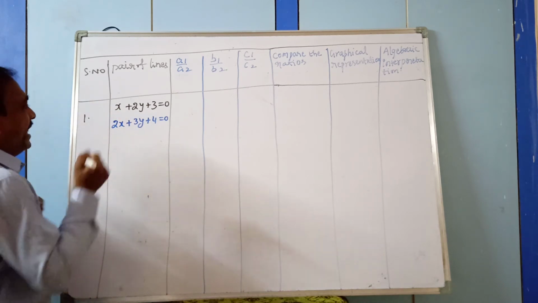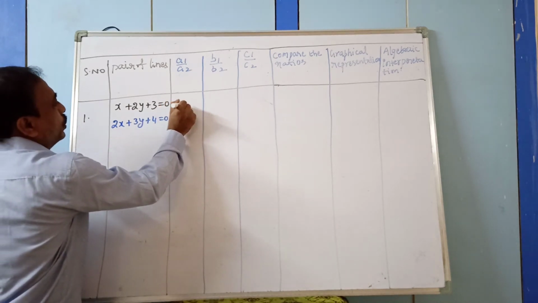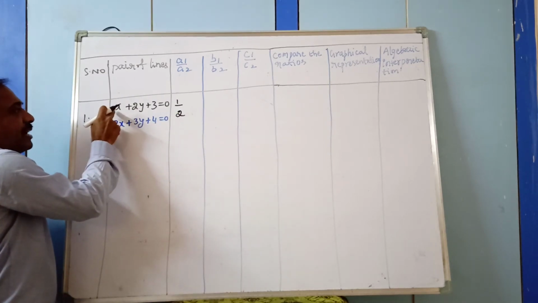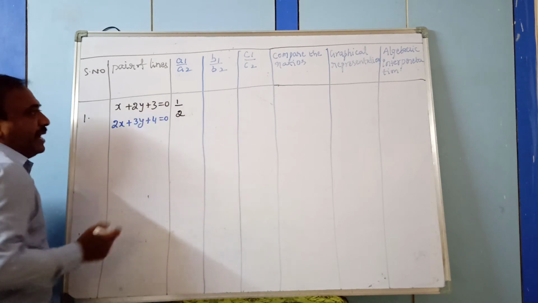So A1 by A2 means 1 by 2. The coefficient of x, A1, is 1 and here A2 is 2, so 1 by 2.